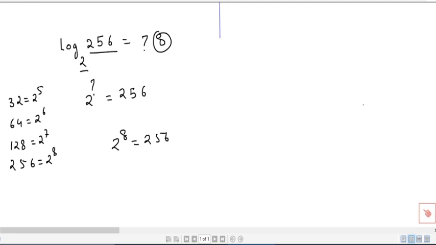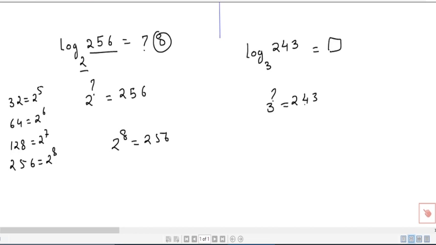Okay, let us understand this with another example. I am writing log of 243 at base 3 is what? What I am asking you is, 3 power what is equal to 243.